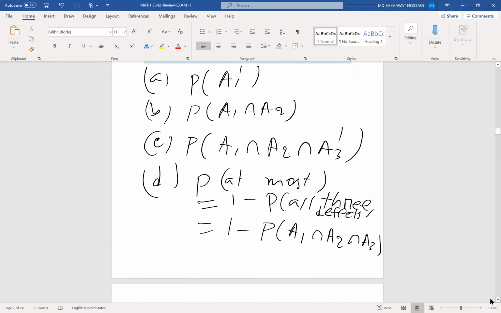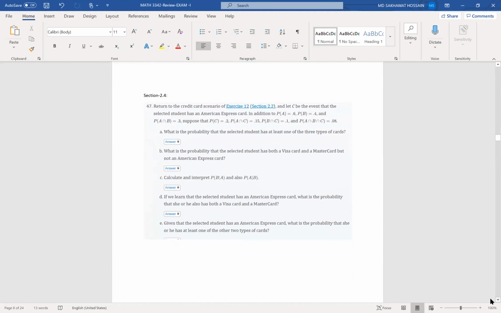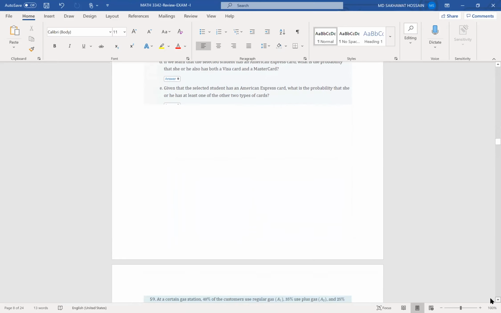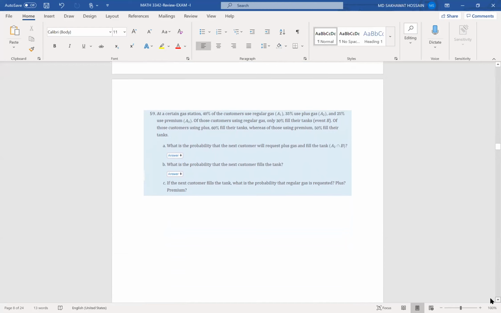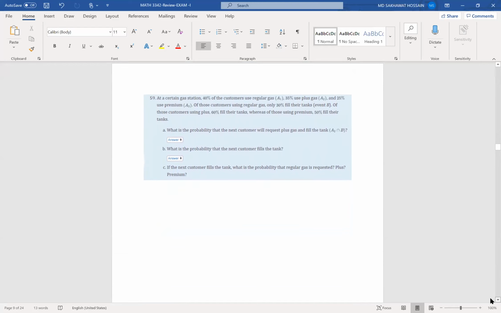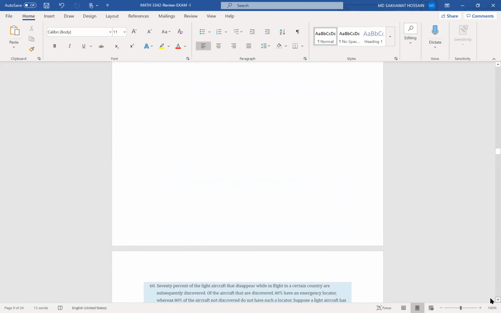We solved this problem during the class. We also solved this next problem in the class, so I'm not going to go over it. We also went over the gas station problem, which is a tree diagram, in the class.